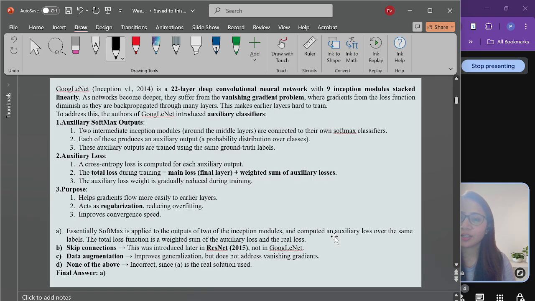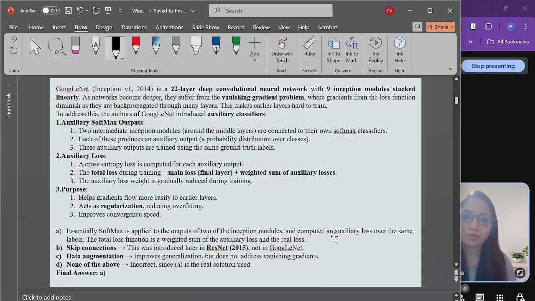GoogleNet is also known as Inception. Inception is one type of network, and it was released in 2014. Inception Net has three versions: V1, V2, and V3. Inception V1 is called GoogleNet.